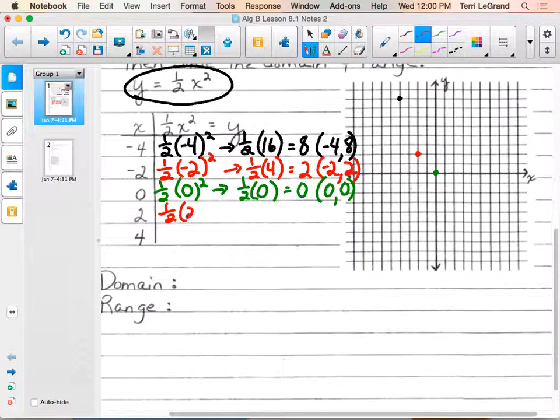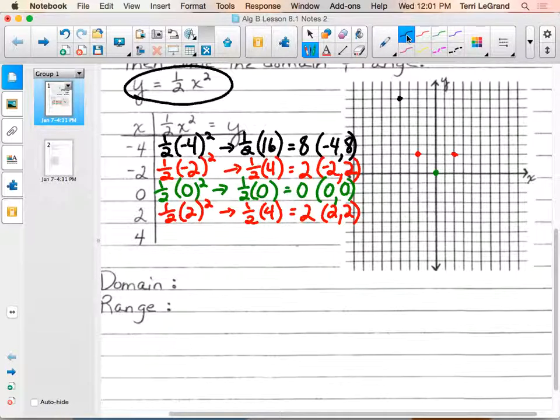1/2 times +2, that's going to get squared. +2 squared is 4. And 1/2 of 4 is 2. So we have ordered pair 2, 2. And so we'll go put that one on our graph. I think the green one was the turning point.